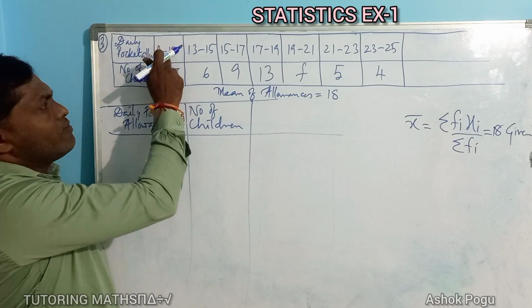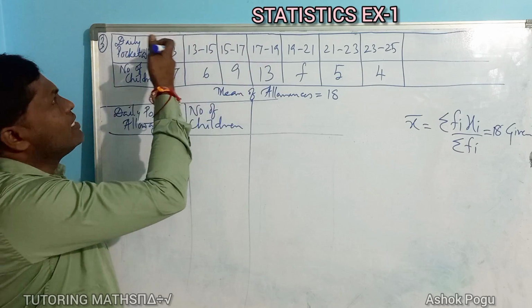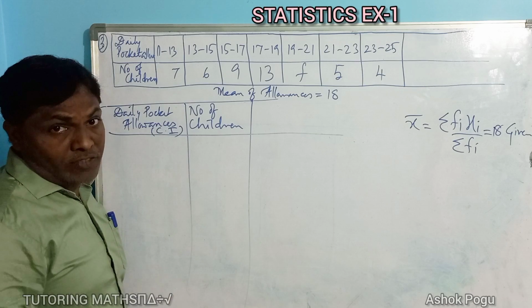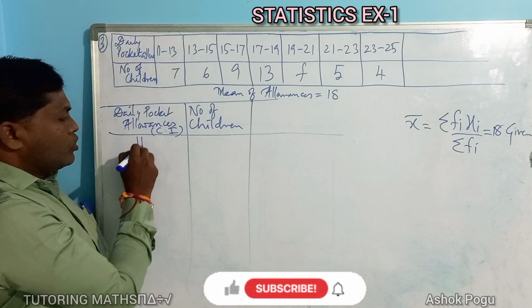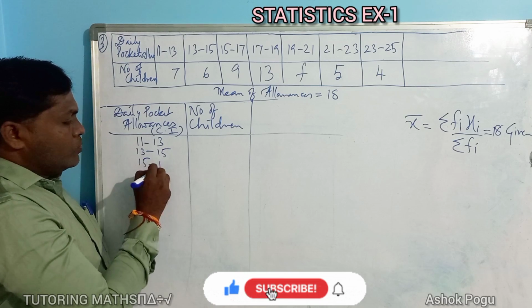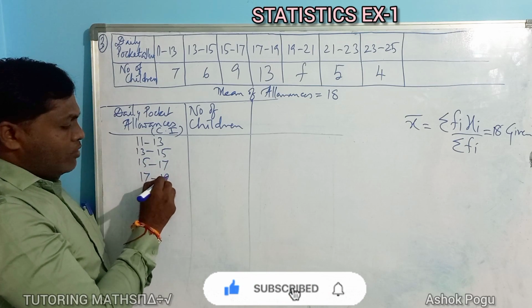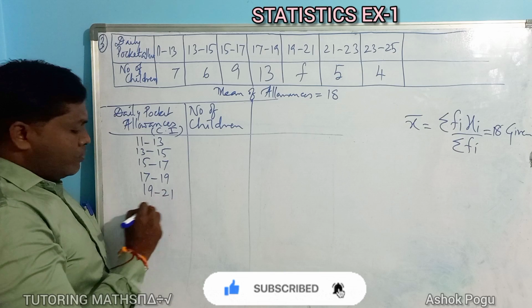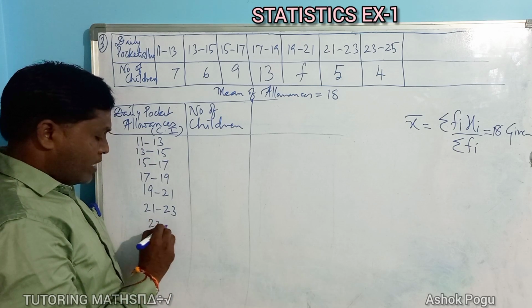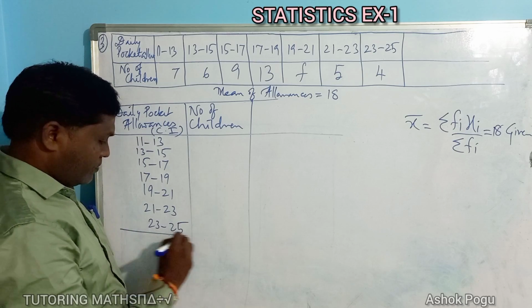Why? Because observe the class intervals: this is daily pocket allowances, in the form of class intervals. 11 to 13, 13 to 15, 15 to 17, 17 to 19, 19 to 21, 21 to 23, and 23 to 25.